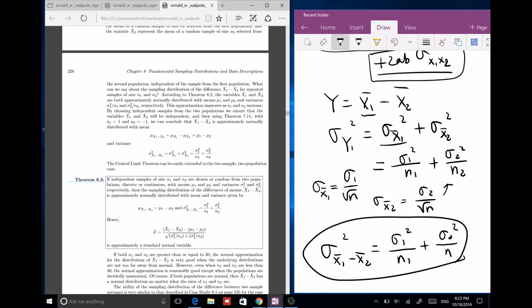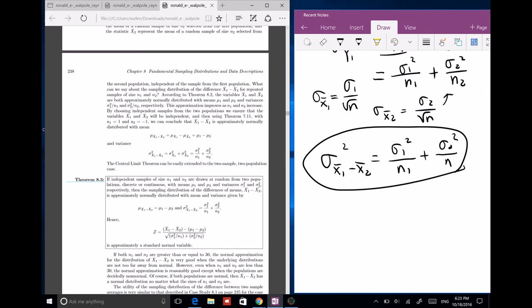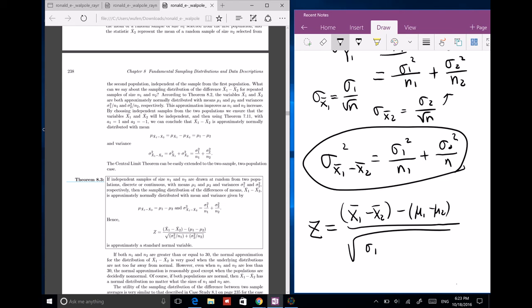Once we have the mean value and the variance, we can use the z-score. We use x1 bar minus x2 bar, minus mu1 minus mu2, over the square root of sigma 1 square over n1 plus sigma 2 square over n2.